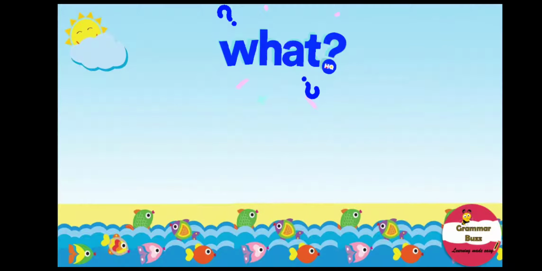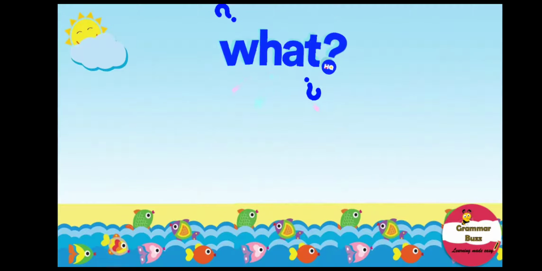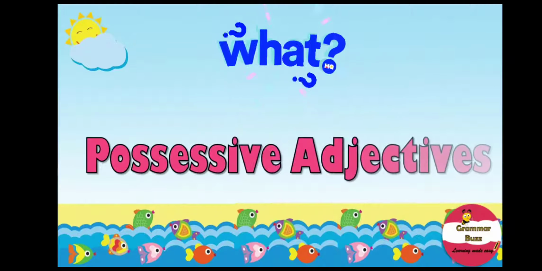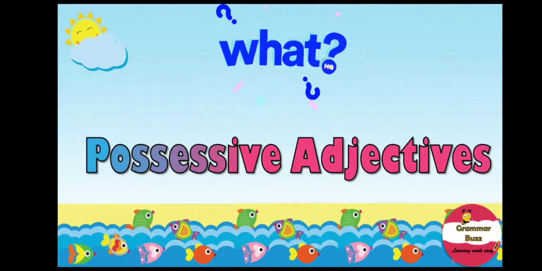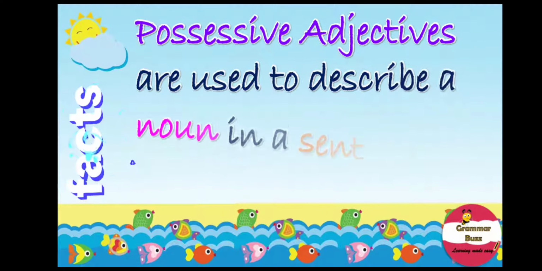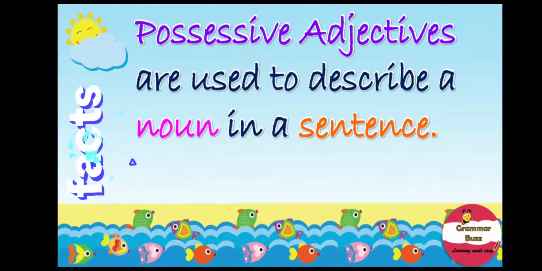Here comes a very important question word, what. So, what are possessive adjectives? It's a good question, isn't it? Possessive adjectives, like other adjectives, are used to describe a noun in a sentence.